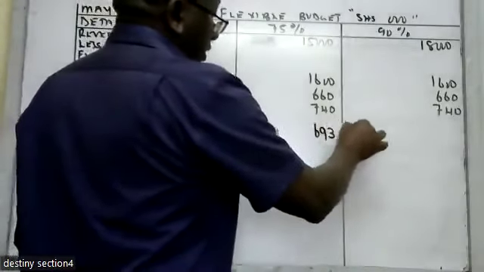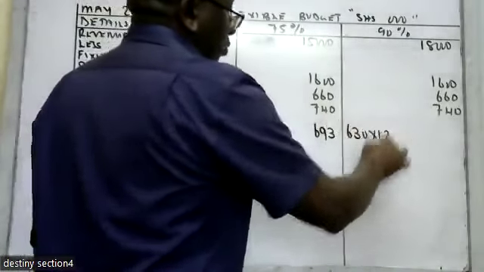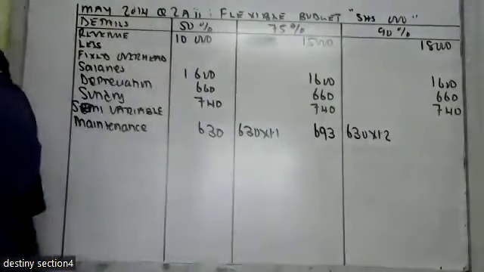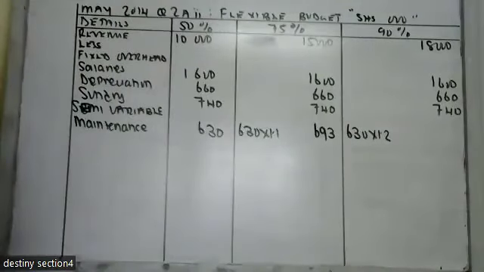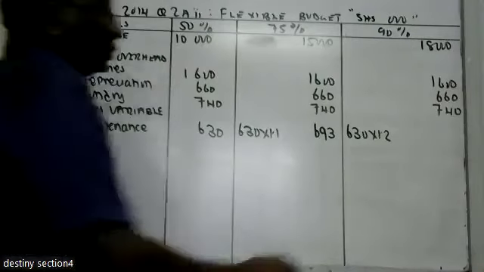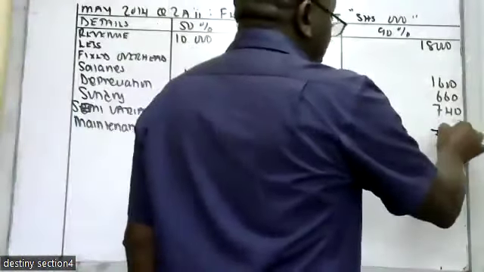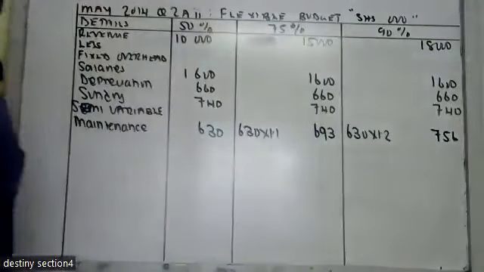Alafu sasa hapa linaongezeka na 20%. So you multiply by 1.2. 750.